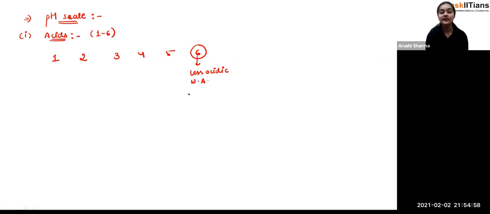And if it is a weak acid, so obviously, students, what will happen? It has a smaller number of hydrogen ions. And if it has a smaller number of hydrogen ions, that means its pH is more.